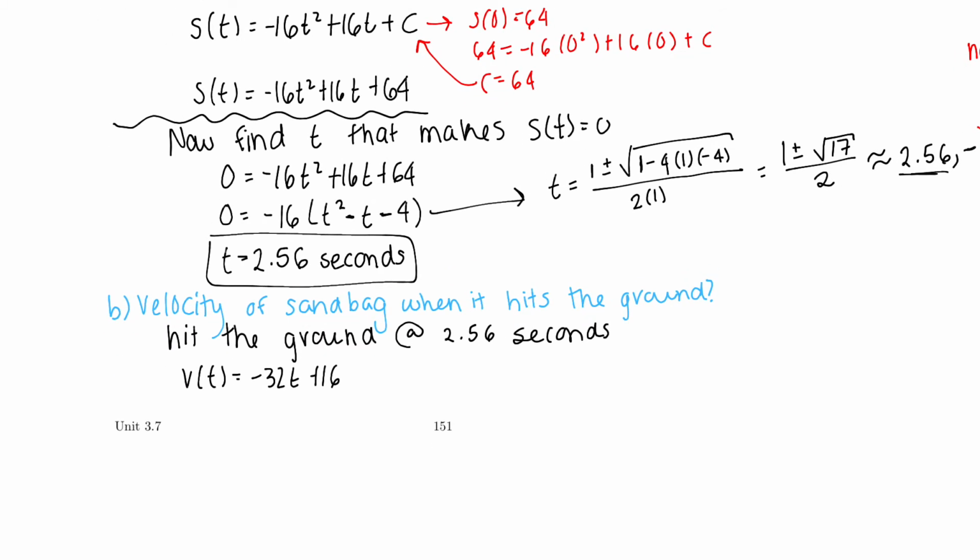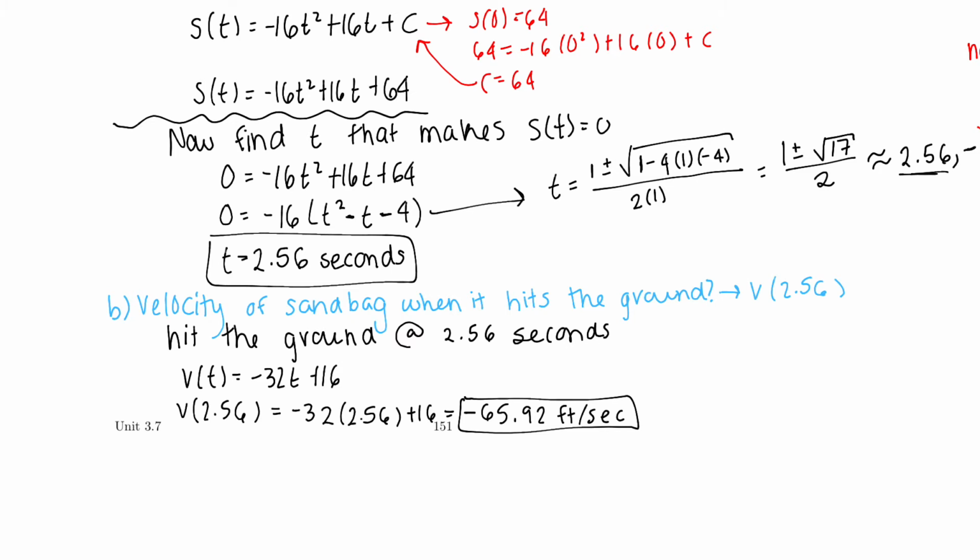So all this is really asking me for is the velocity at 2.56 seconds. So we just need to plug 2.56 into this function, and you should get negative 65.92, and then our units will be feet per second.